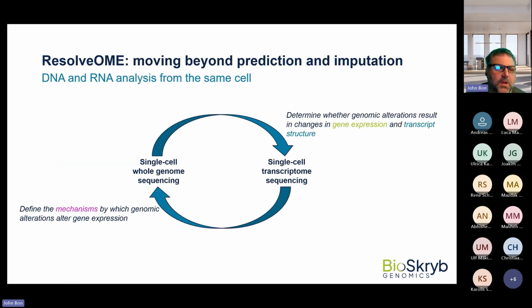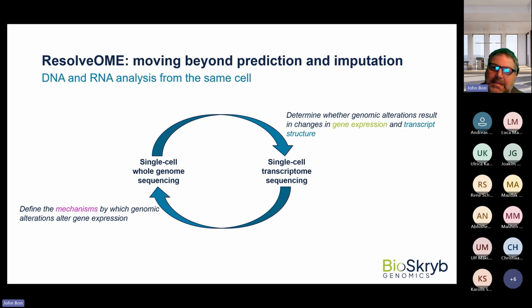We also have ResolveOME. ResolveOME is very powerful because not only do you get the power of primary template directed amplification, you get the whole genome amplified, but you also get the full length transcriptome. This is not 3' or 5' end counting. This is full length transcriptome, so you could look at gene isoforms.